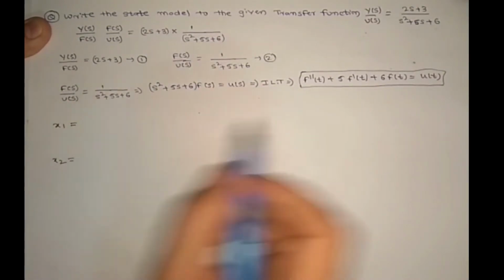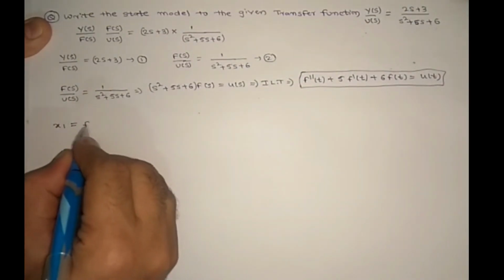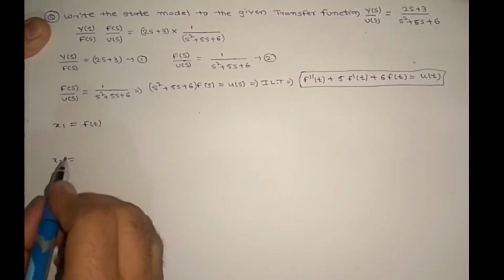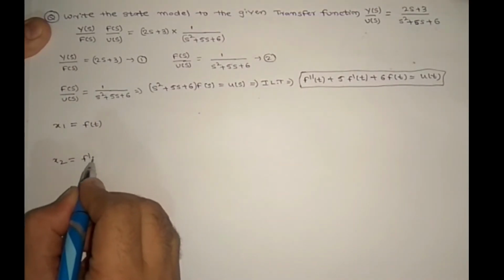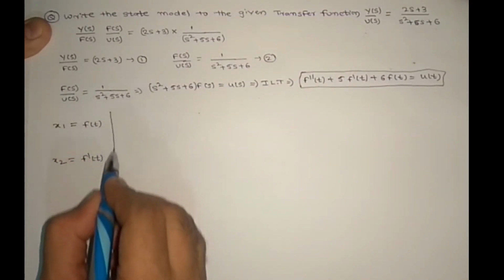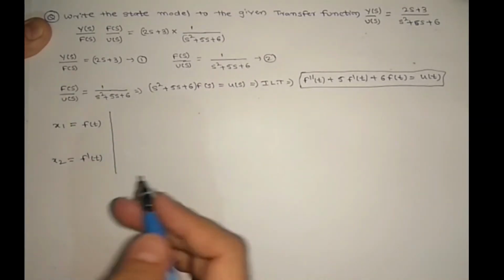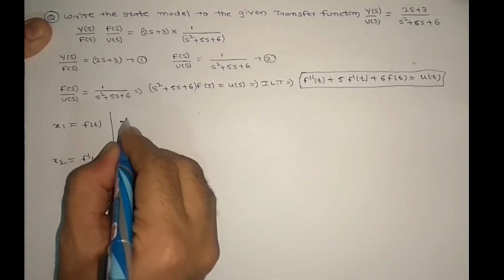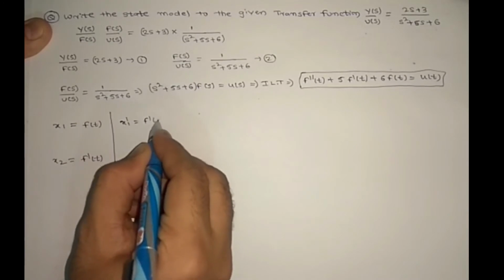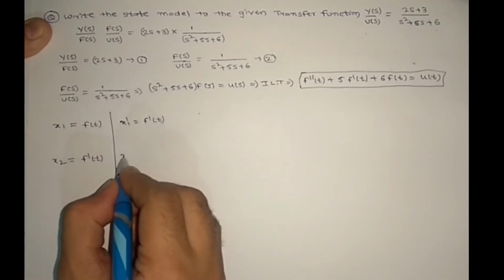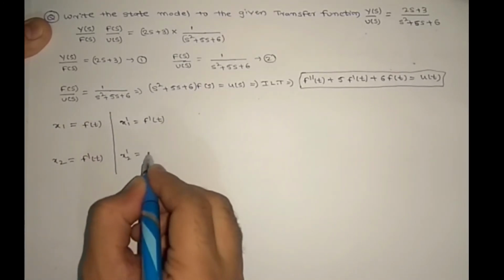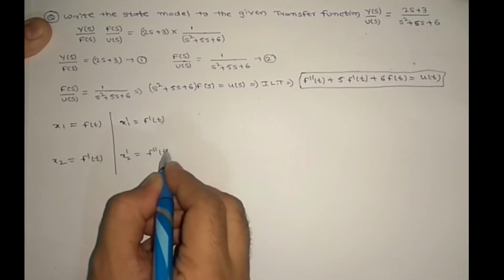So x1 of t is equal to f of t, and x2 of t equal to f dash of t. Now I am differentiating these two equations: x1 dash equal to f dash of t, x2 dash equal to f double dash of t.